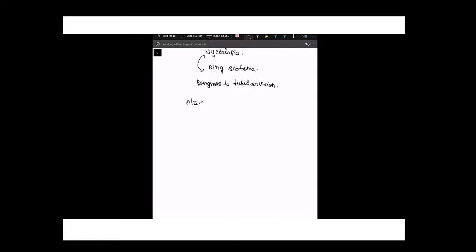On examination, we have a triad of pale, waxy disc, arteriolar attenuation, and bony spicule pigmentation.